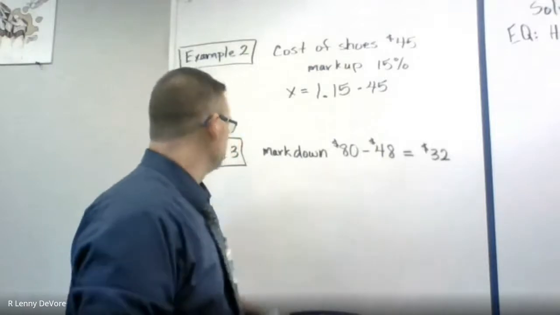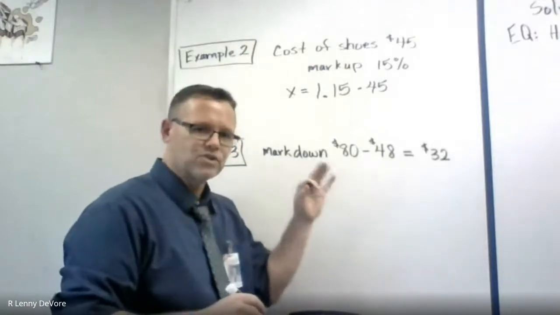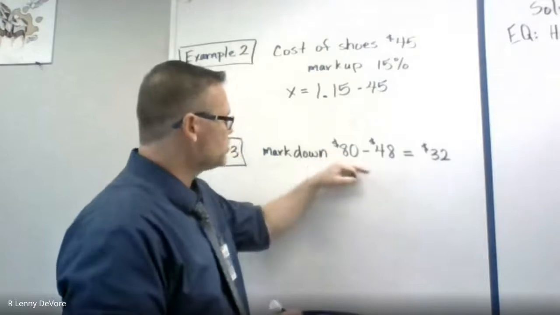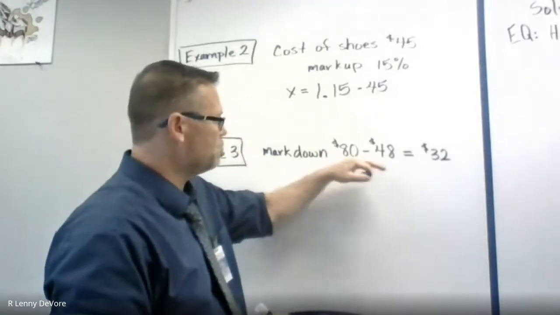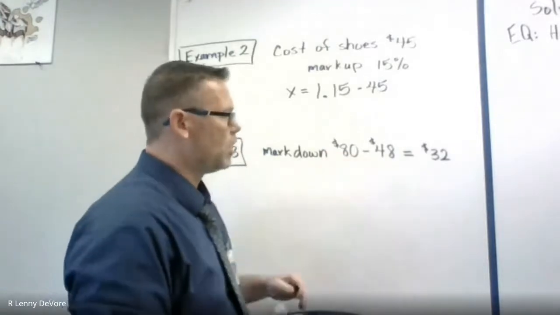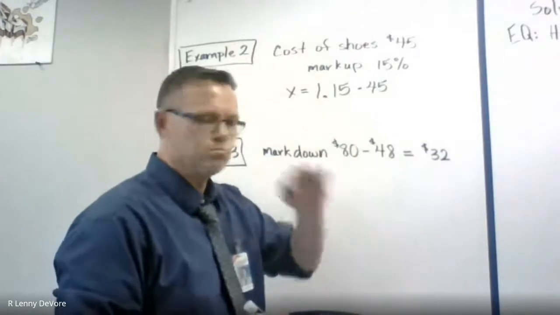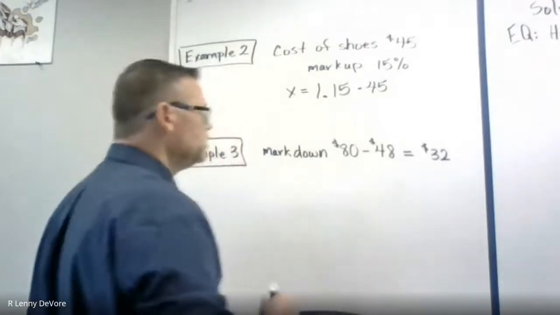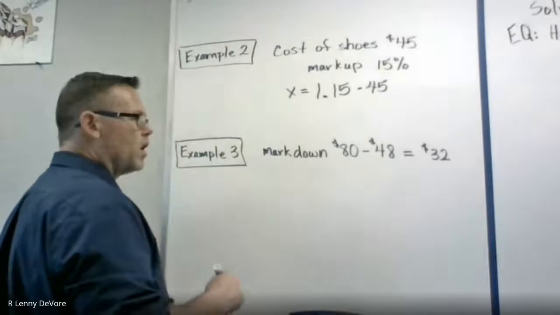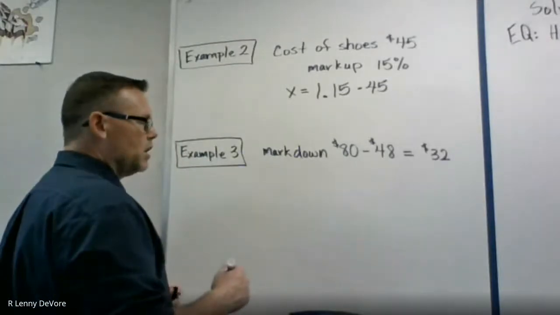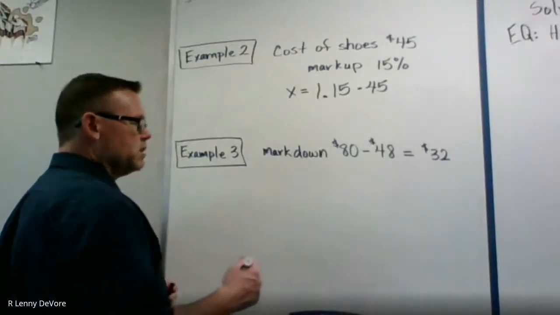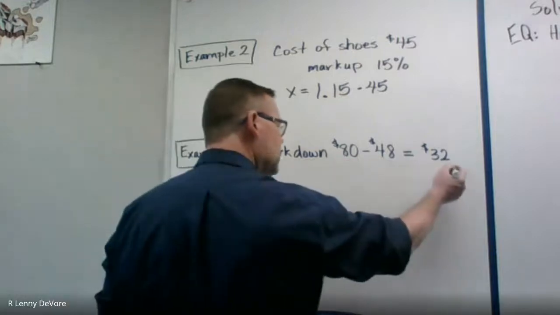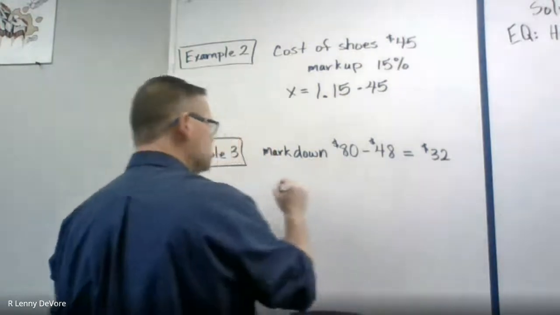Okay, this next one, example 3, they're actually doing a markdown. So the original price was $80. They marked it down to $48, and they want to know what the percent markdown is. Now, for the markup or markdown, okay, we don't know the percent. But we have to subtract this to figure out how much they marked it down.